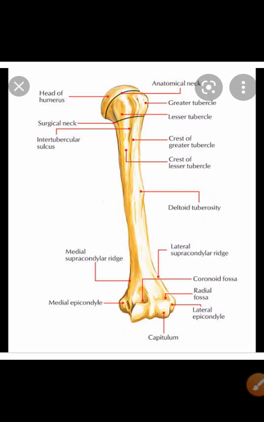As you can see, this is the left humerus. This question is very important for OSPE and Viva also, that you will be given a bone, and you have to say whether this bone is of the right side of the body or of the left one.